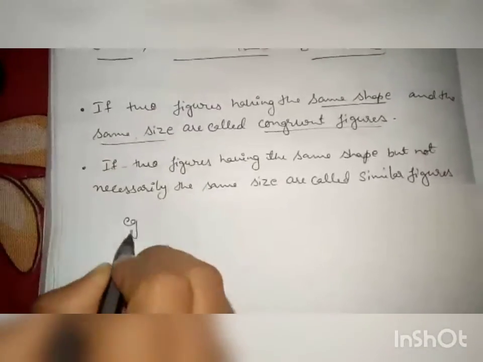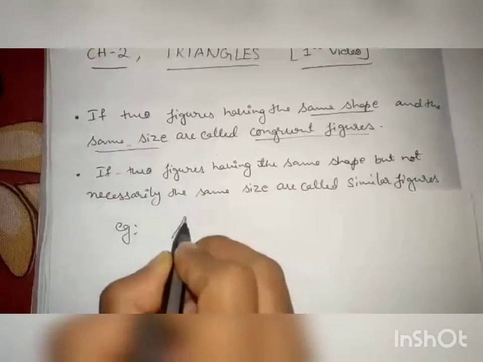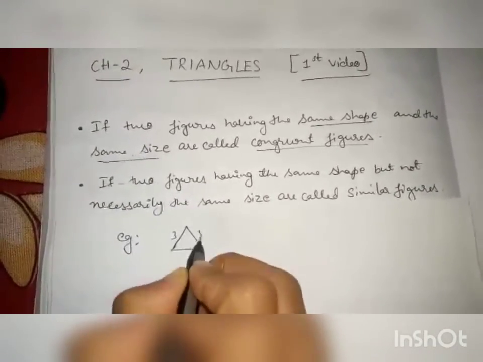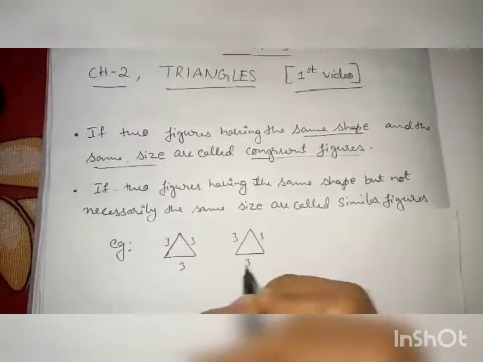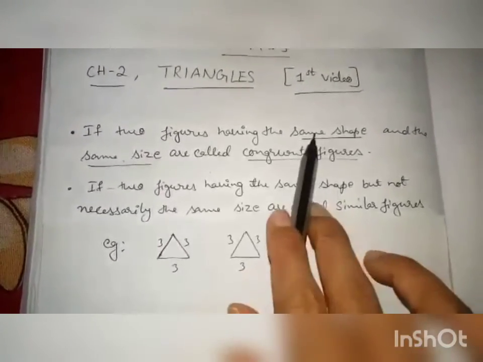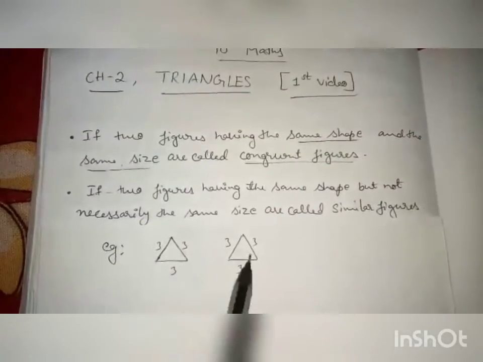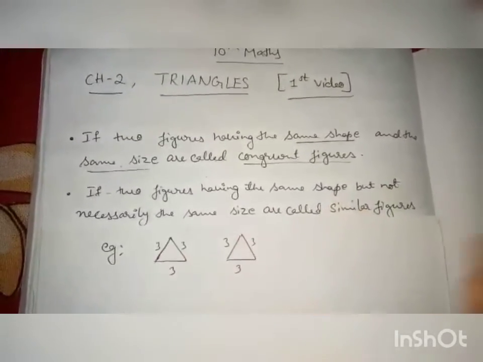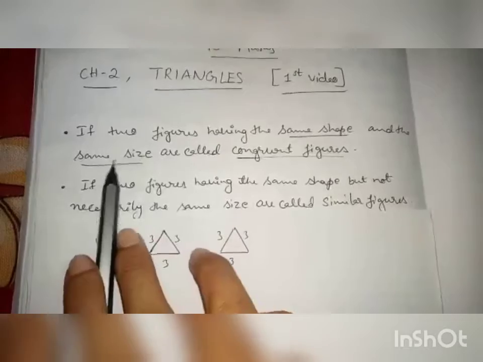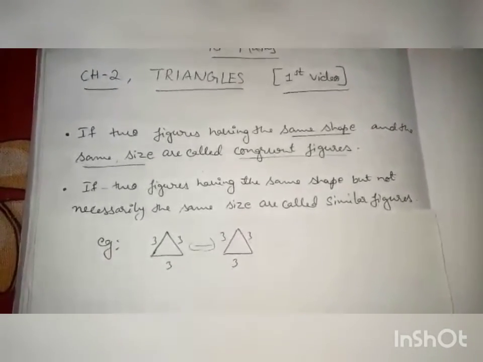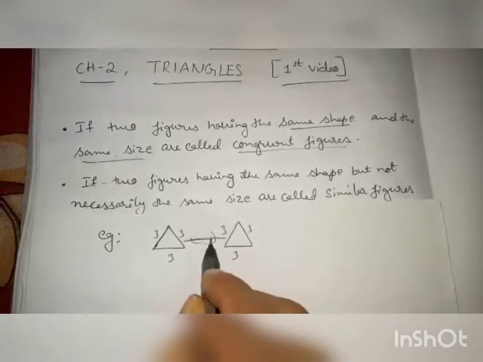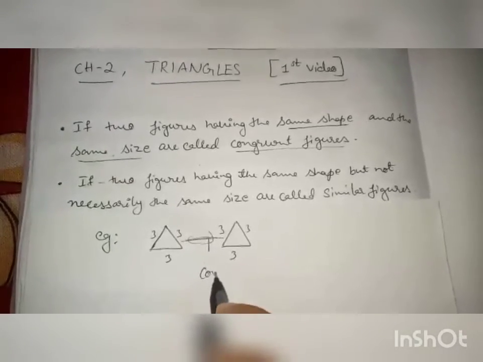For example, if you take two triangles, 3 centimeter triangle, you see what they said, having same shape. Same shape, right? Both are triangles only, and the same size. So size also same. So these two we can say are congruent triangles.